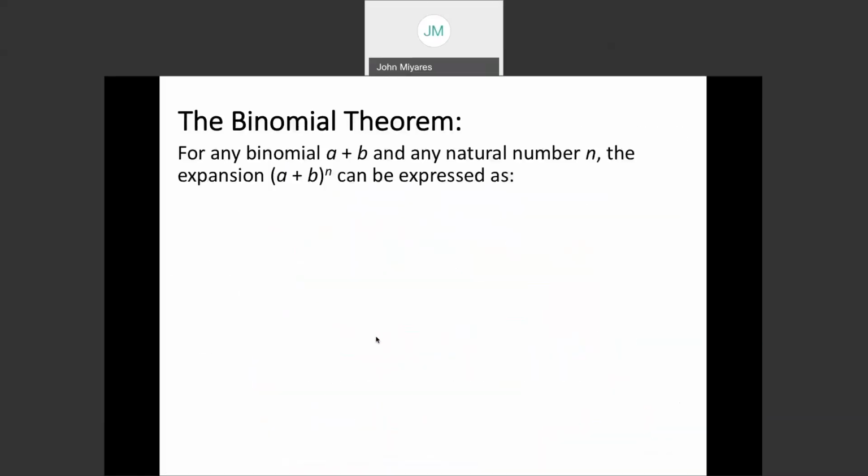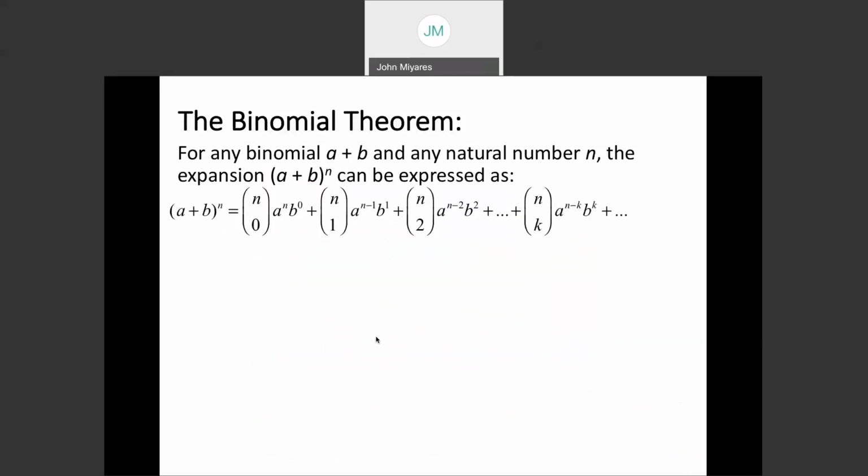We can now generalize these results into what we call the binomial theorem. For any binomial a plus b and any natural number n, the expansion a plus b to the nth power can be expressed as you see here. A plus b to the nth power will be this very long polynomial. The n over 0, n over 1, n over 2, and so on, those are the binomial coefficients that are coming from Pascal's triangle.